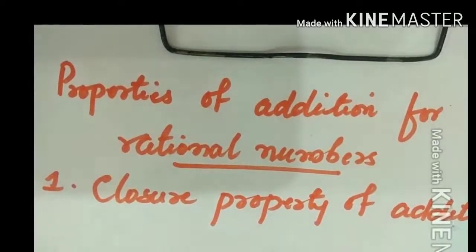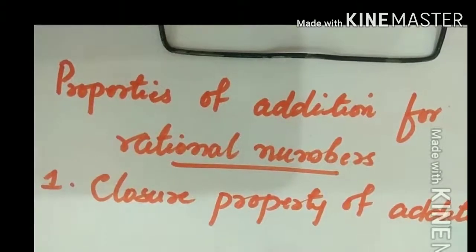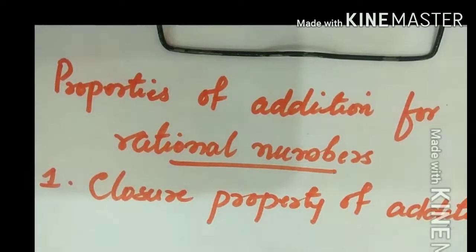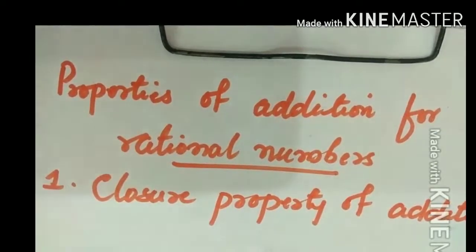Students, you have learned about rational numbers. Now we're going to learn the properties of rational numbers. First of all, we're going to learn the properties of addition for rational numbers.